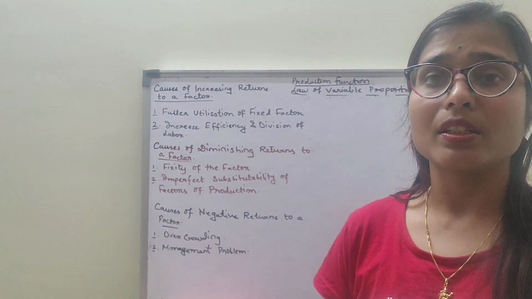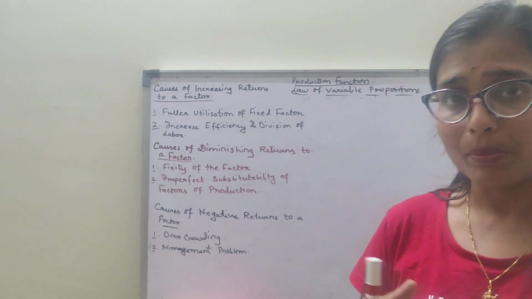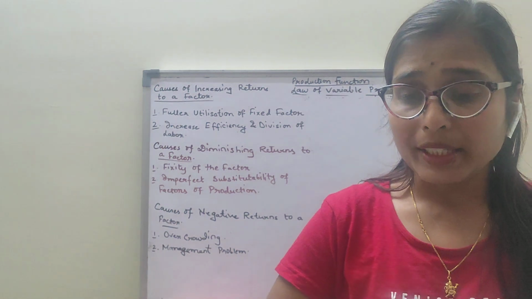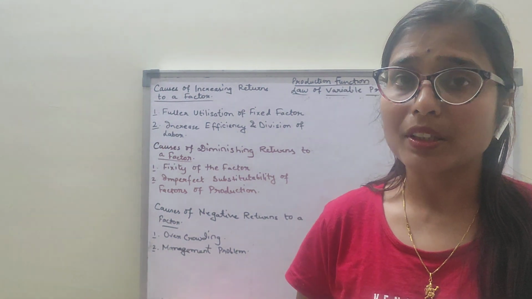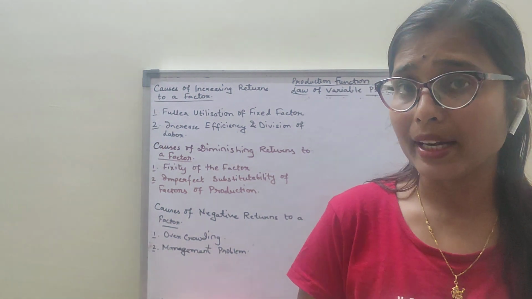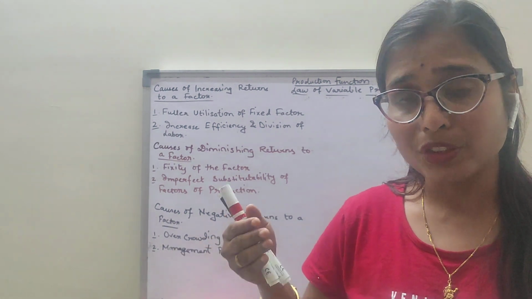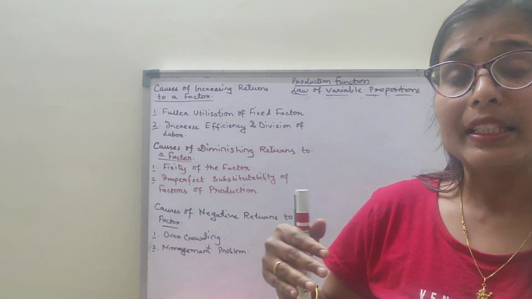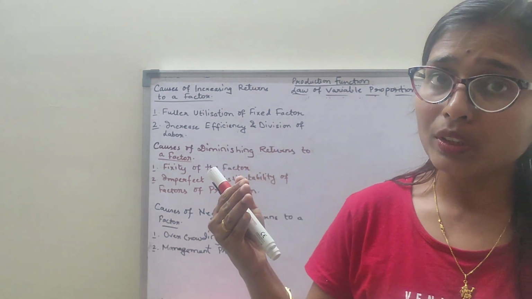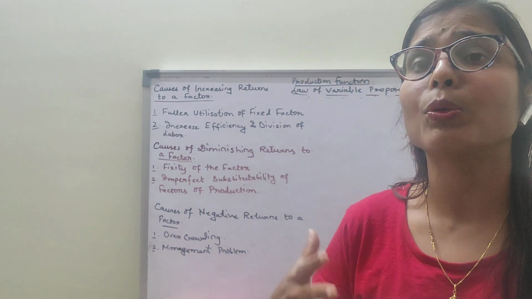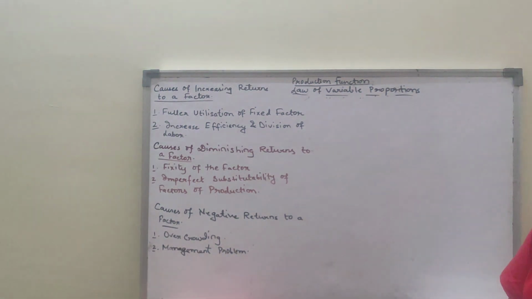Fixed factors such as machines can be utilized only when additional units of the variable factor, that is labor, are added. So when you add additional units of labor in the initial stage, it increases the total output, and side by side my marginal product also tends to increase.